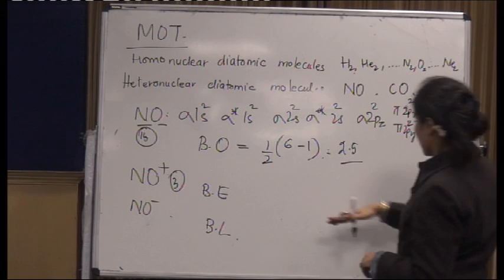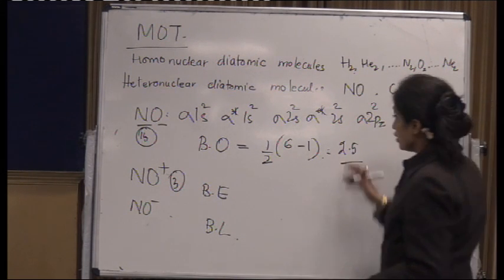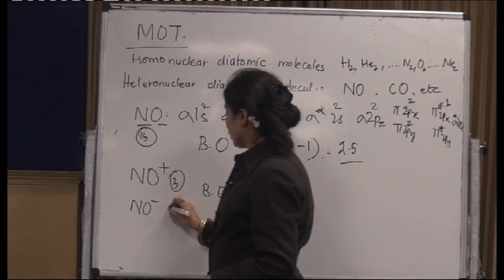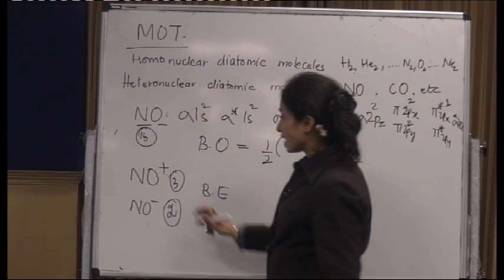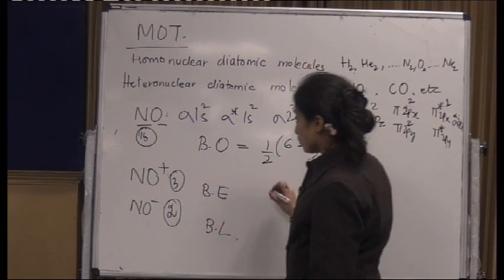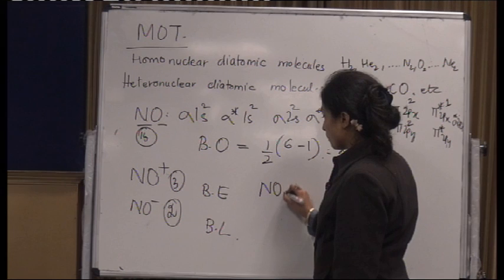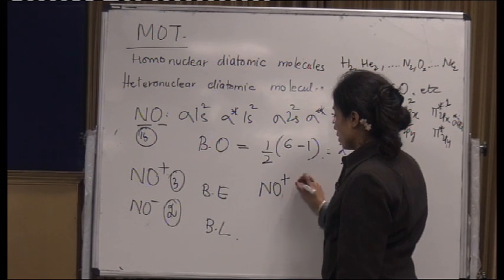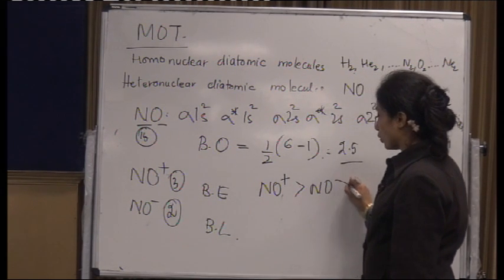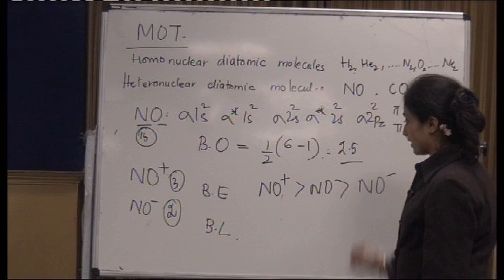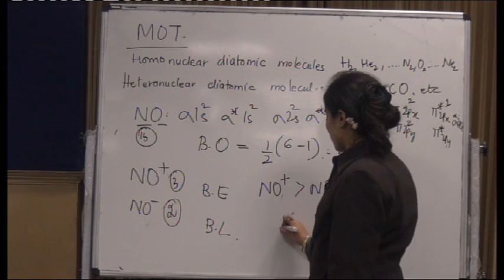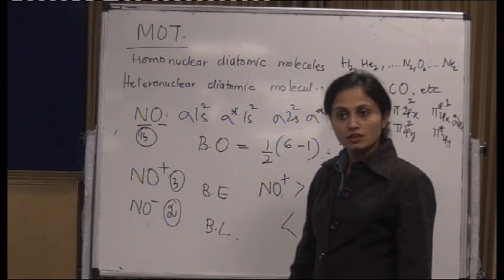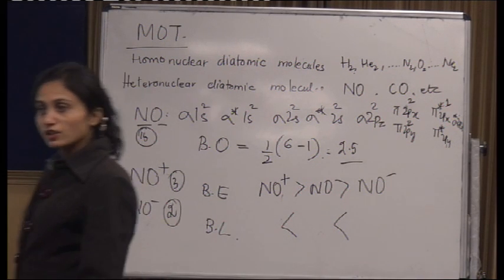NO minus means anti-bonding में आया, so that means it will be 2. So your NO lies in between this. So the bond energy trend will be NO plus will be the most stable, followed by NO, followed by NO minus. Bond length trend will be just the reverse. So please be very careful with it and you will be able to do it.